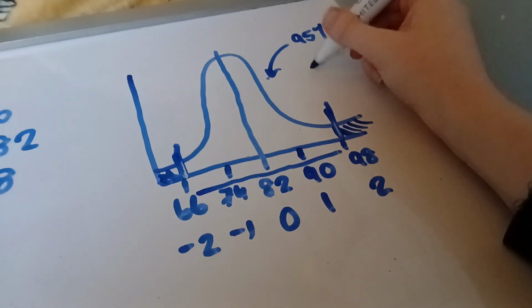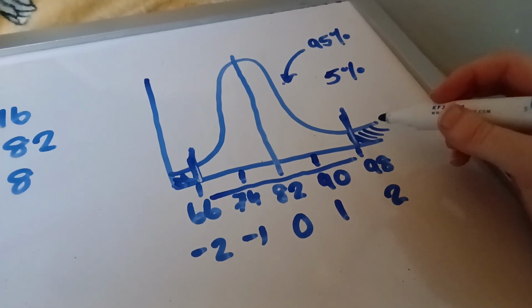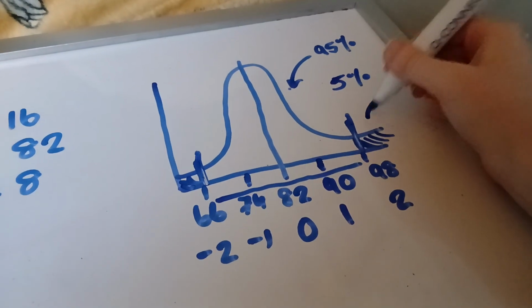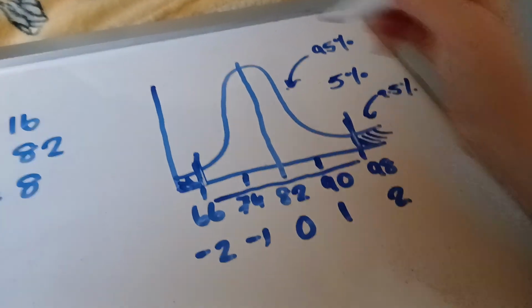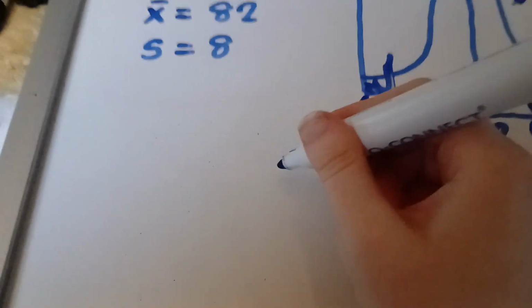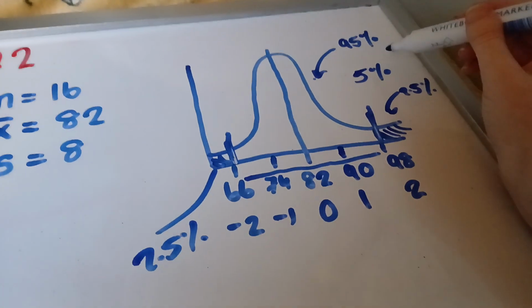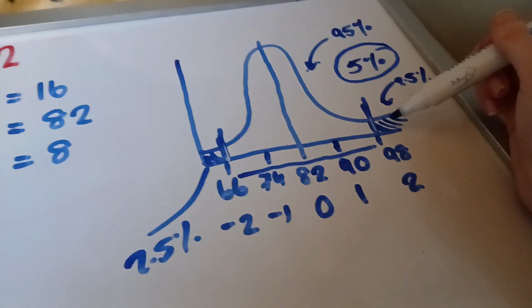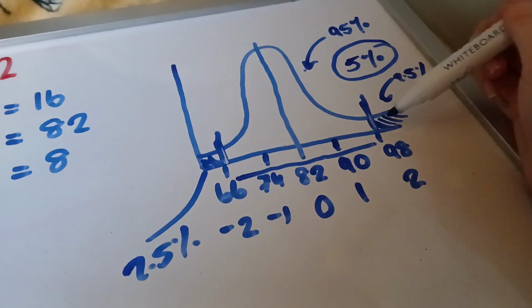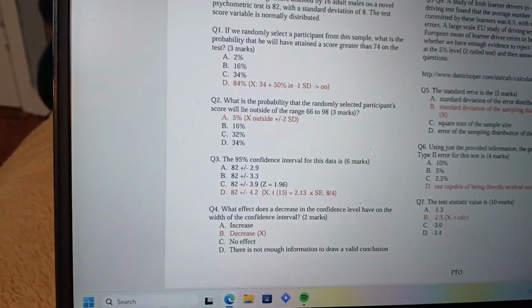So obviously that leaves over 5%. If we divide 5% by 2, because there are two sections we're looking for, that means there's 2.5% here and 2.5% here. So the answer is 5%, because there's a 5% chance that a person's going to get a score in these two little bits here. So that's the correct answer on question 2.